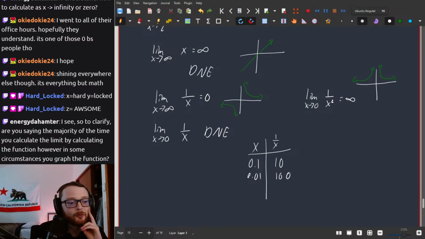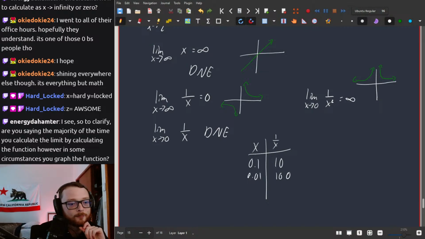And you can build an intuition for this and not need to graph it. There's some systematic ways of approaching a new function when you see it. But it's not always something that you can just directly calculate. You need to think about how the function looks.